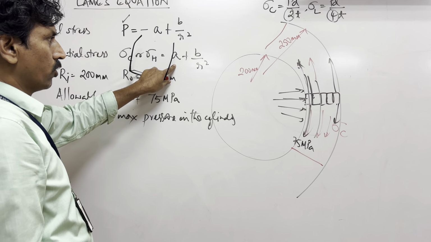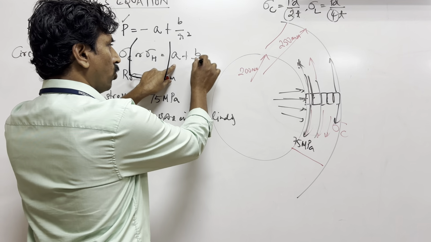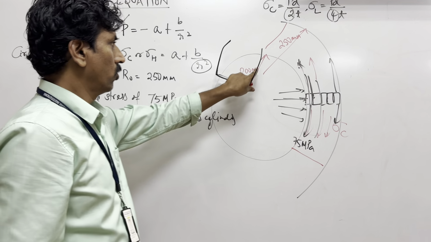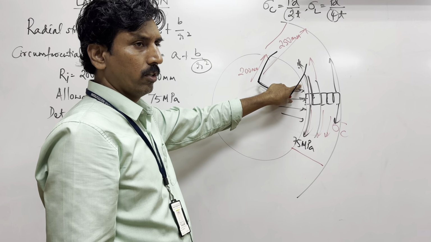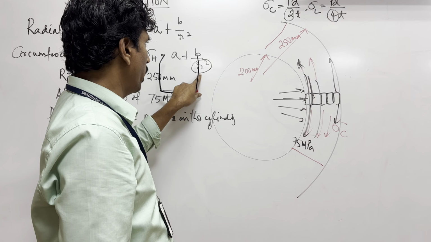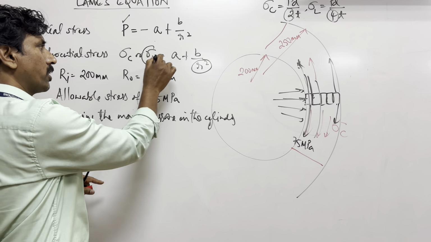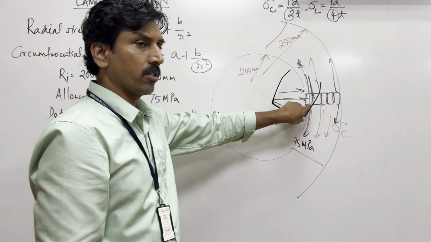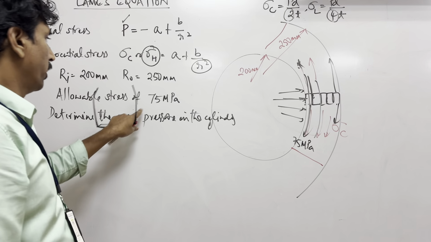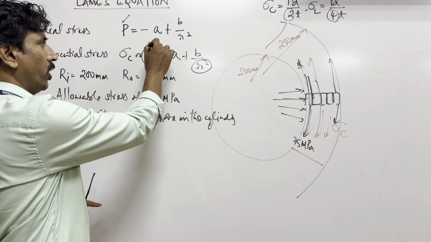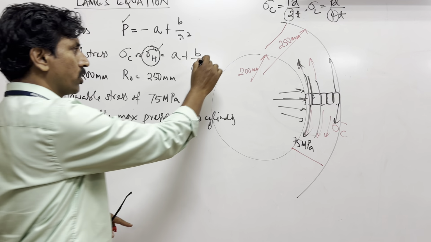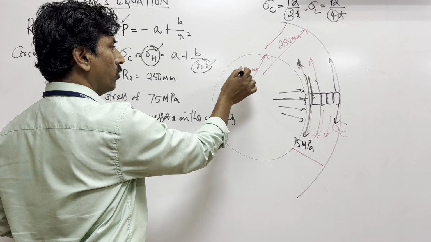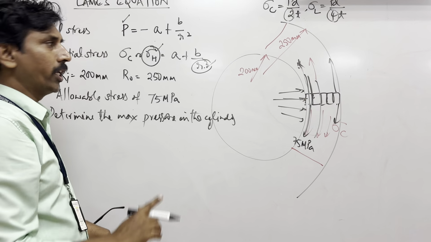That means you need to substitute this R value as 200, and the maximum circumferential stress value as 75. It is given as 75. You should substitute 75 here, then substitute the R value as 200 here. So that is one equation.